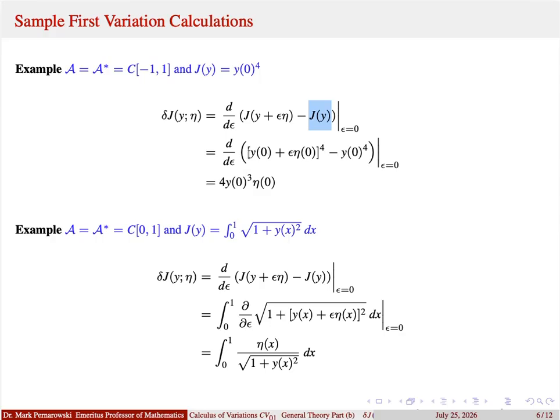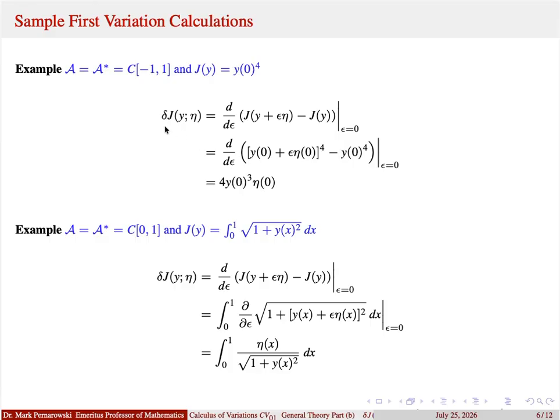Some terms will cancel. I'll have an alpha to the y naught to the 4th minus a y naught to the 4th, so that term will go away. But it's just basic calculus now. Compute the epsilon derivative, evaluate that at epsilon equals 0, and you get 4 y naught cubed eta at 0.